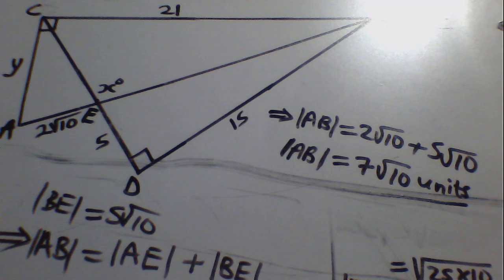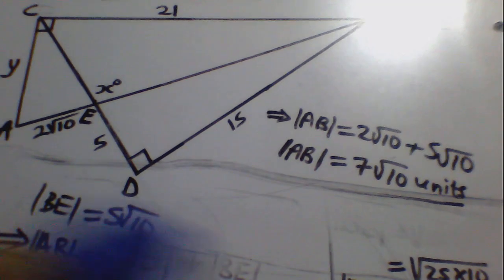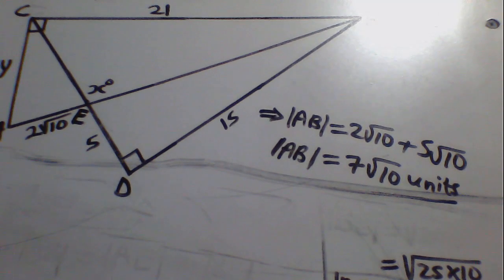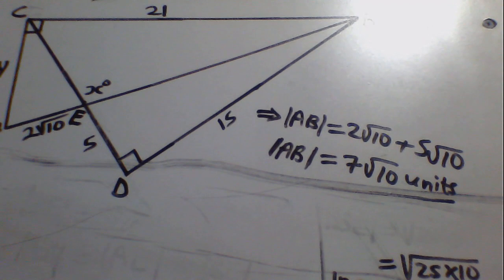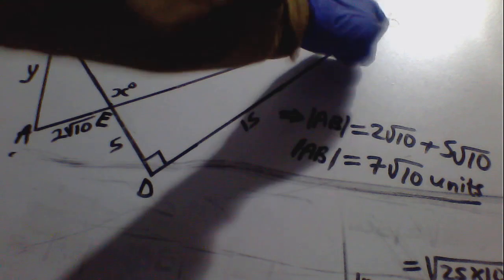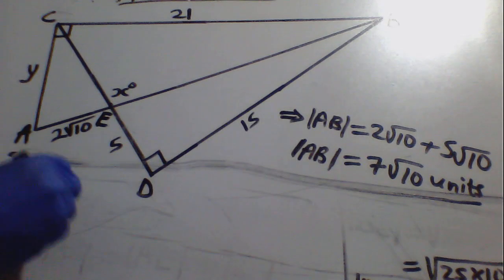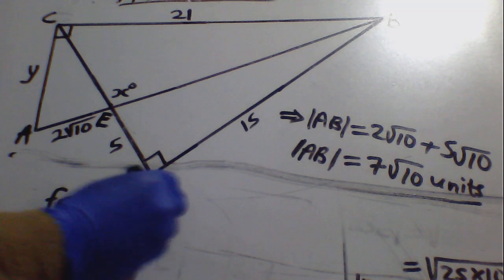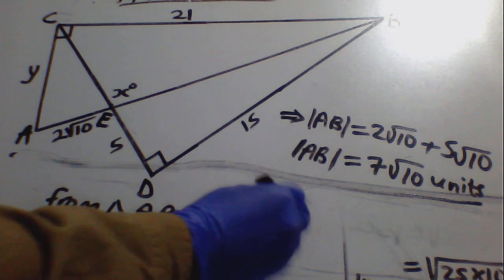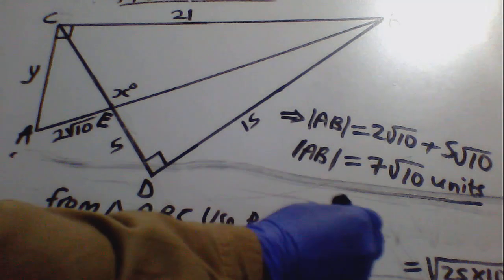So once we have done that, coming to the next is triangle ABC. From triangle ABC, use Pythagoras theorem.